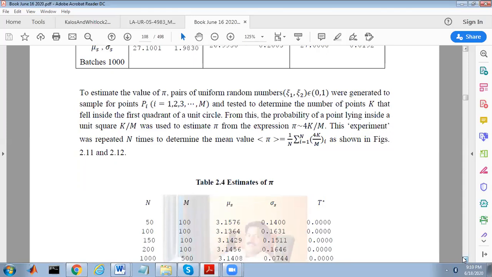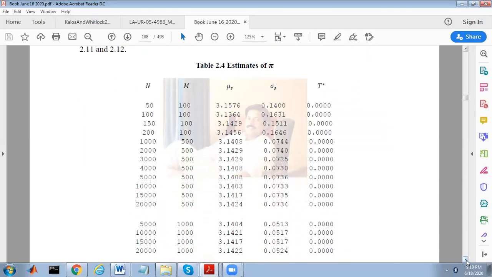So now let me quickly wrap this up. What I did was get estimates for the value of pi, and you can see I changed the number of points and the sample variance, and the time taken was still small.